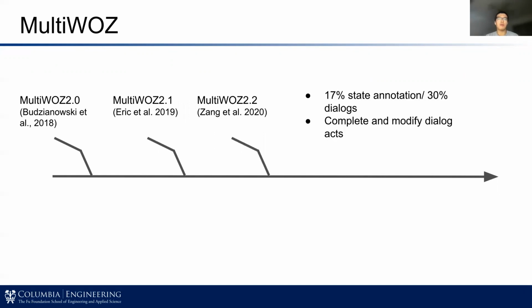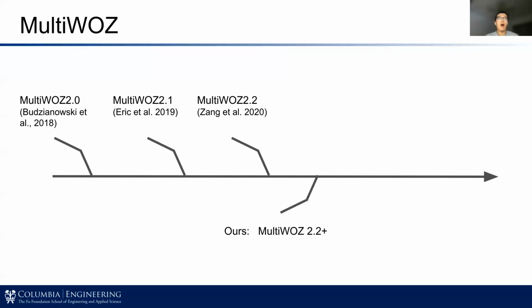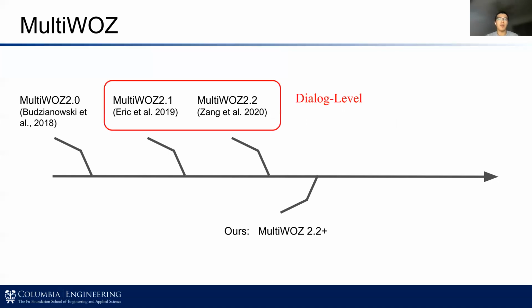Based on version 2.1, Zhou Han and her team proposed MultiWOZ 2.2 in 2020 by further correcting the annotation errors, including both dialogue slots and dialogue actions. Our work is basically based on version 2.2.